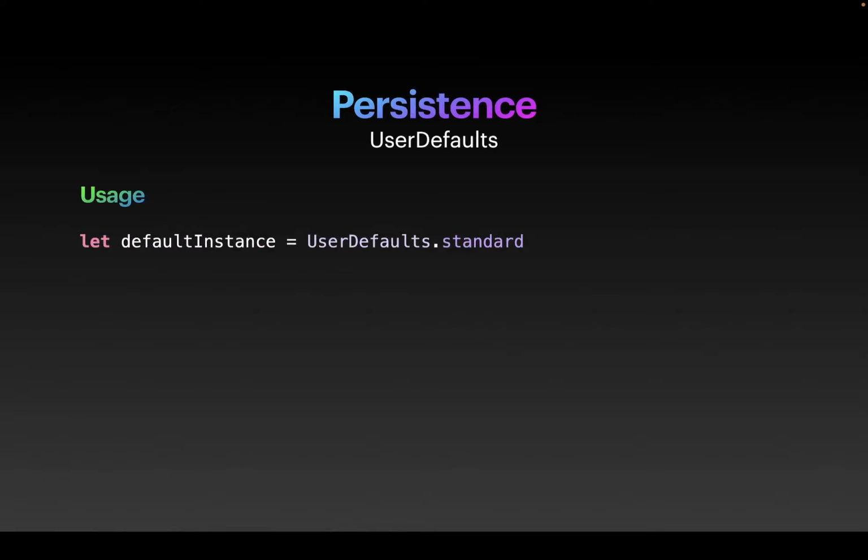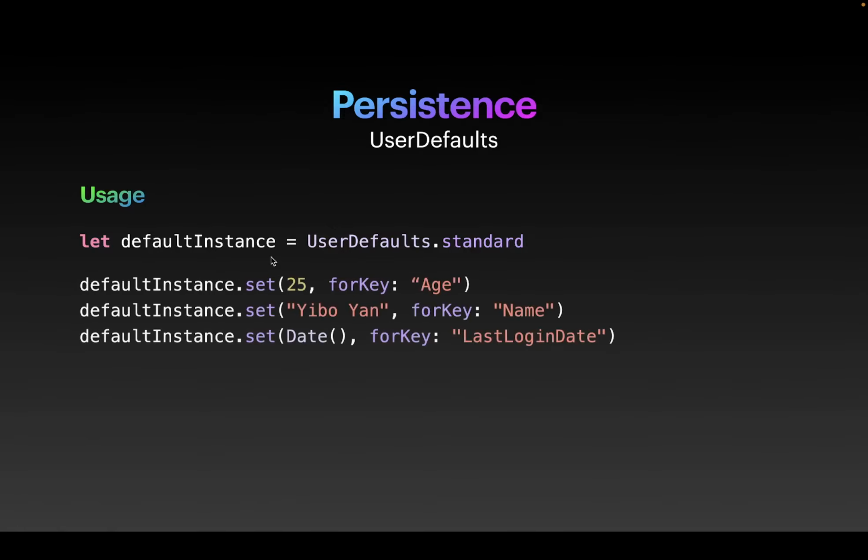Now let's take a look at the usage of user defaults. Just like when you use URLSession, you can use UserDefaults.standard to retrieve the singleton of the default system. And how do you store data into the default system?